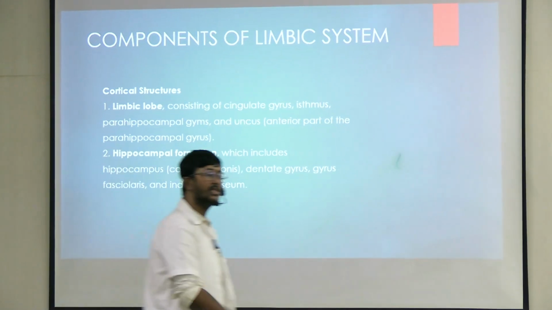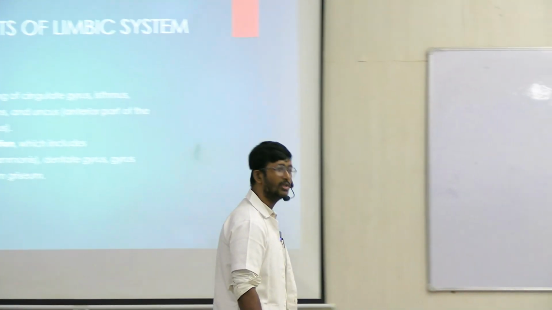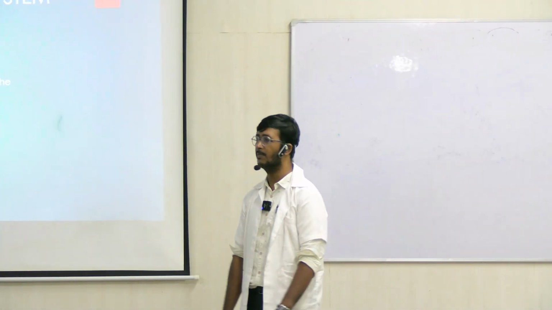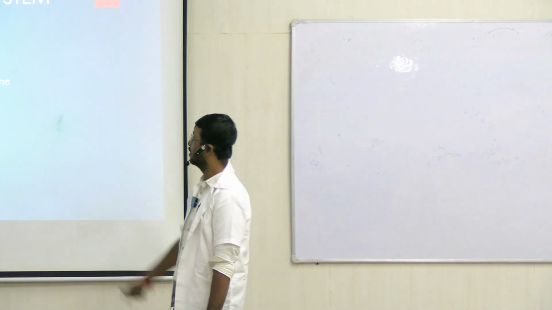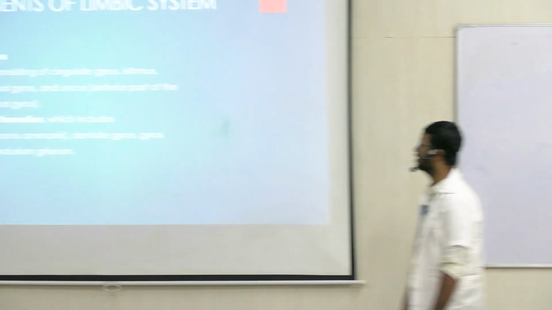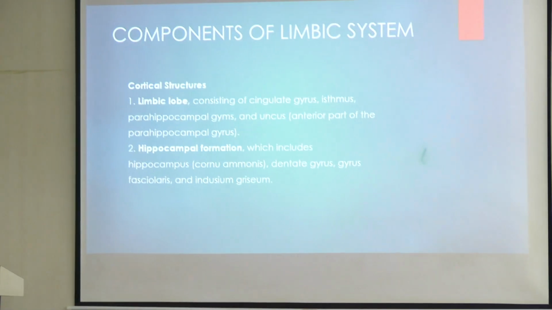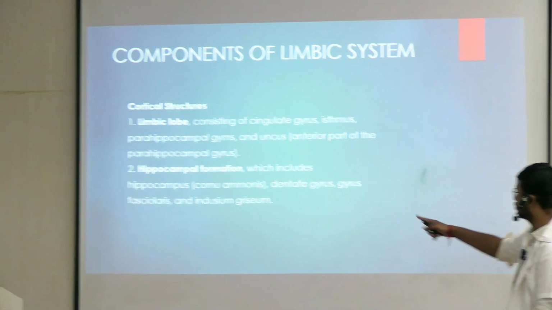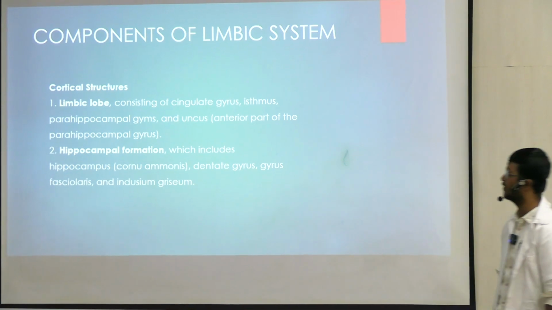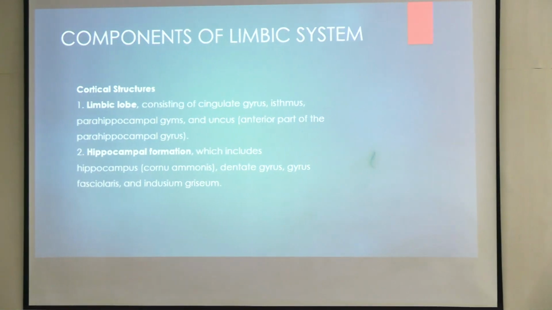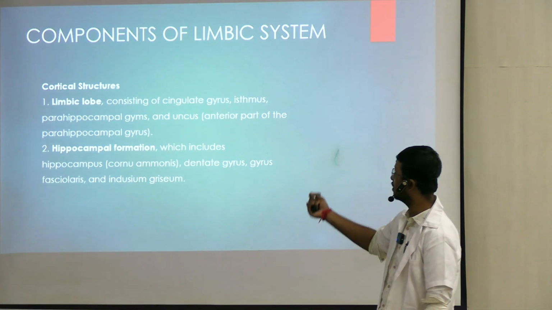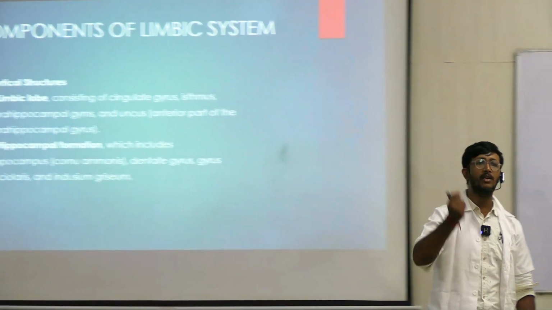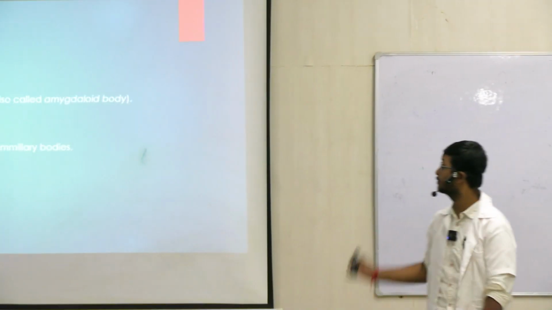So I could have put these pictures in the slides, but I don't think that before exam you will be needing these things. So if you can, go through these pictures once. And then hippocampal formation is formed by your hippocampus, dentate gyrus and so on. These last two names, gyrus fasciolaris and indusium griseum, are not that important, but hippocampal formation mainly contains your hippocampus, which is necessary for your recent memory.